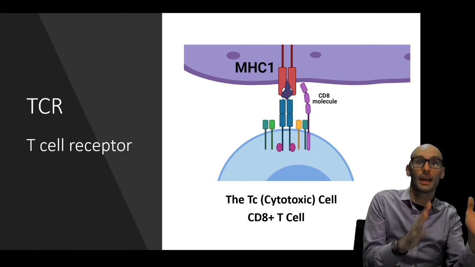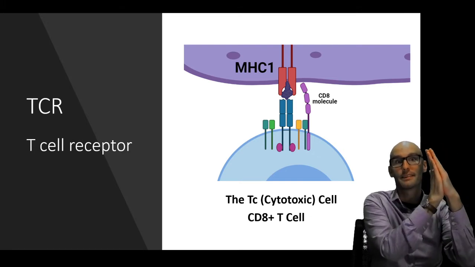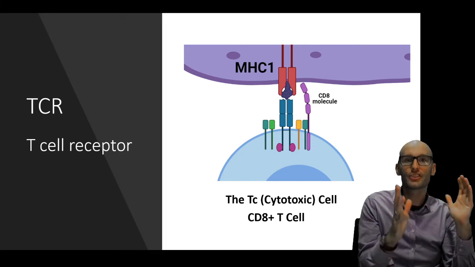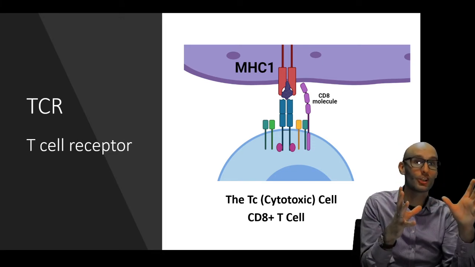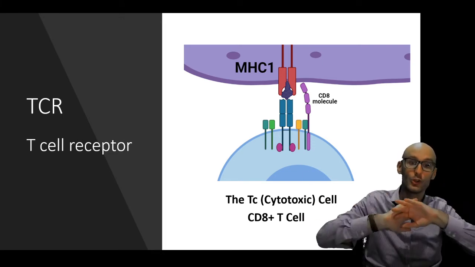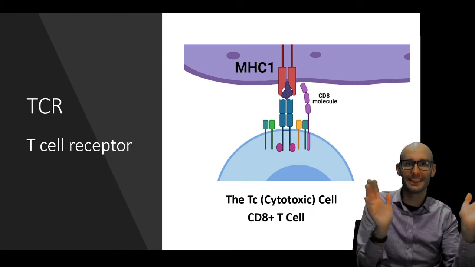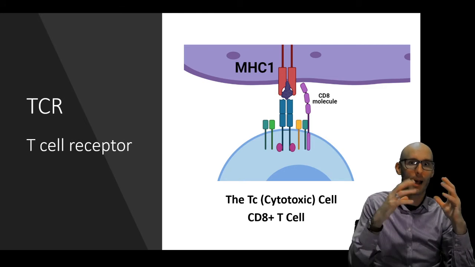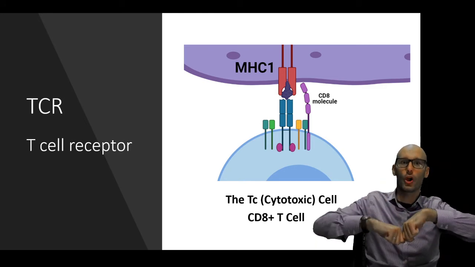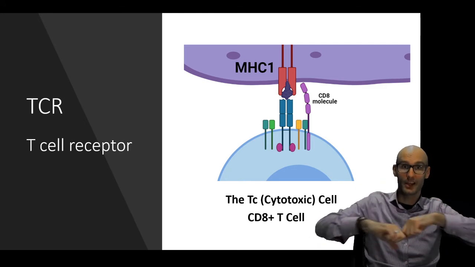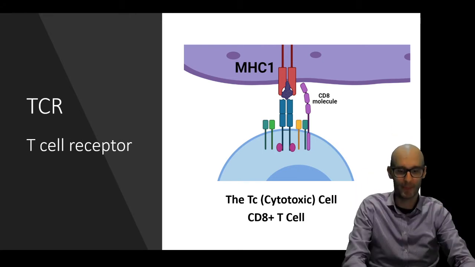Cytotoxic T cells, the CD8 molecule recognizes MHC1, and so it can go up and look at an antigen on any cell in your body, and it's not looking for a professional antigen presenting cell, it's just looking for a cell that has sampled its own molecules inside its cytosol, and it's presented the antigen up there.